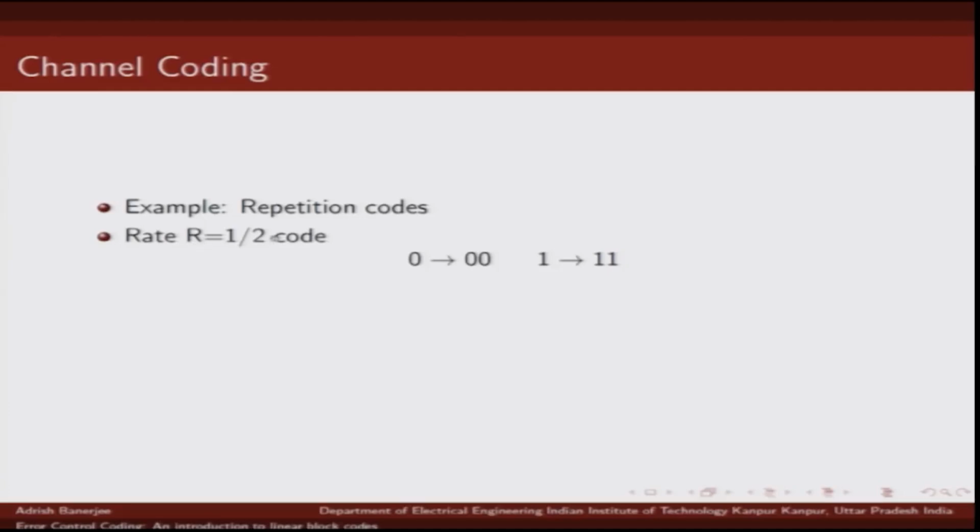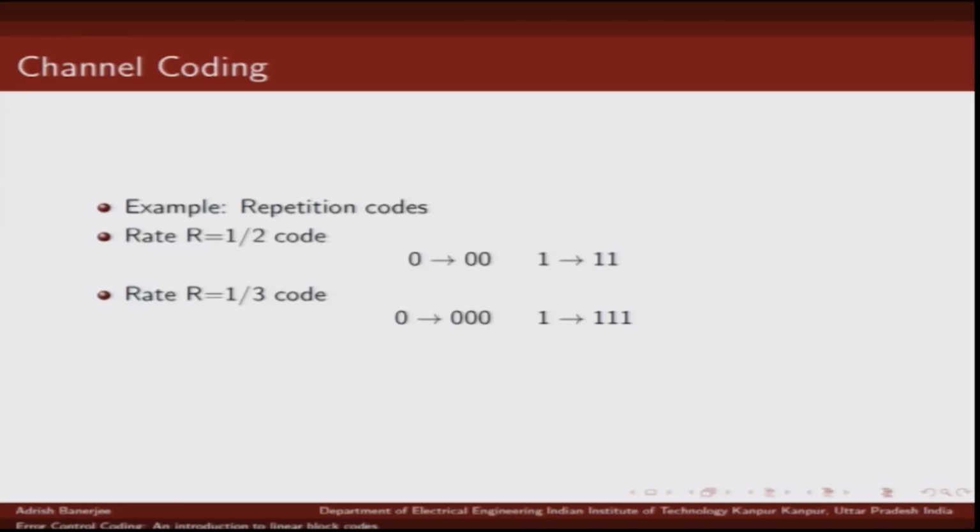A binary rate half repetition code would look something like this. For 0 we would transmit 0 0, and for 1 we would transmit 1 1. Similarly, for a rate 1/3 repetition code, for 0 we transmit 0 0 0, and for 1 we transmit 1 1 1.